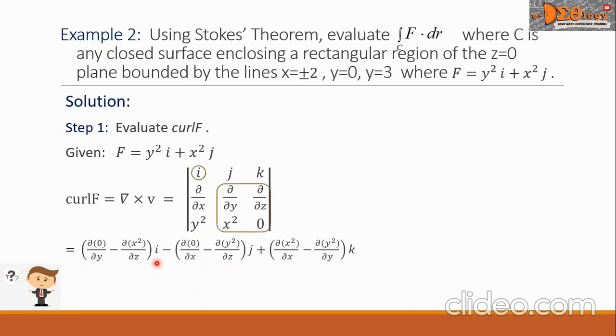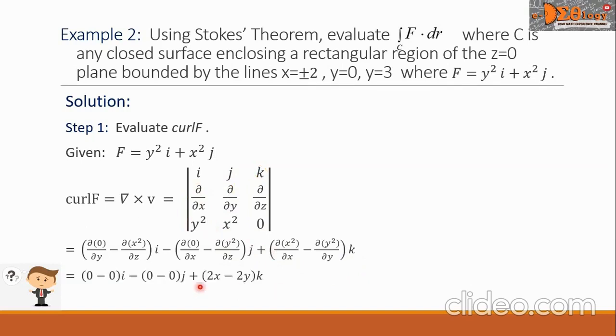For the component i, we have the partial derivative of 0 with respect to y, minus the partial derivative of x squared with respect to z, minus the component j multiplied by the partial derivative of 0 with respect to x, minus the partial derivative of y squared with respect to z, plus for the component k, this is multiplied by the partial derivative of x squared with respect to x minus the partial derivative of y squared with respect to y.